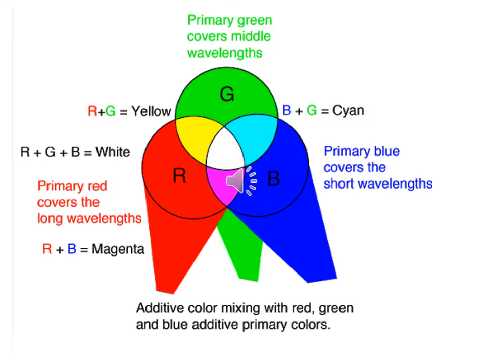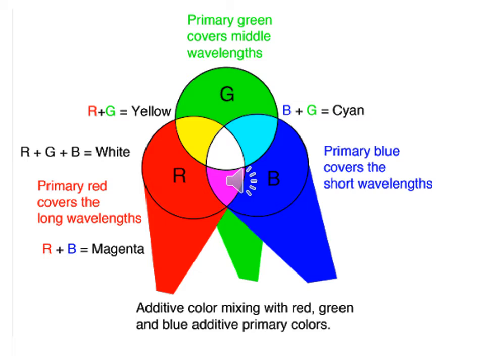Now, remember that the additive color diagram shows the colors of light that our eyes can perceive. There are hundreds of colors that exist, but our eyes can only actually pick up wavelengths in the red zone, in the green zone, and in the blue zone.